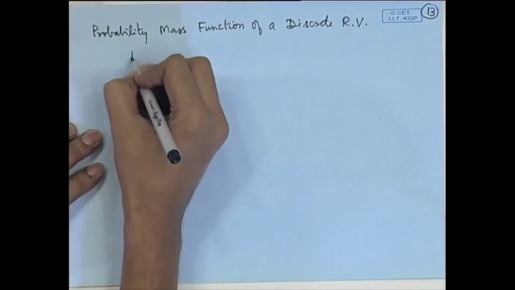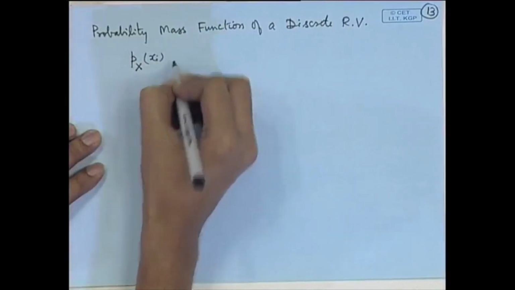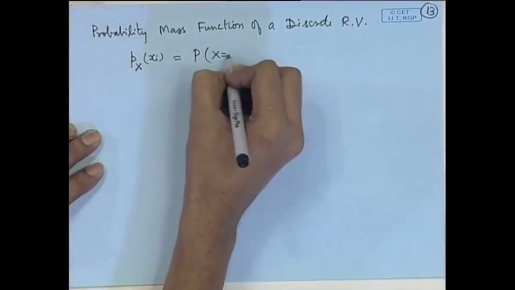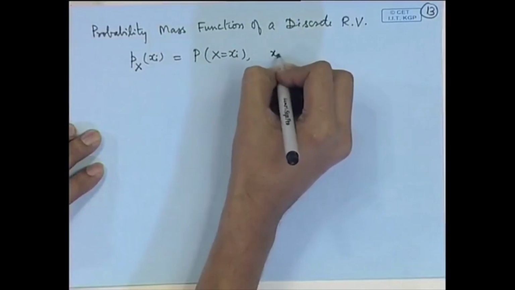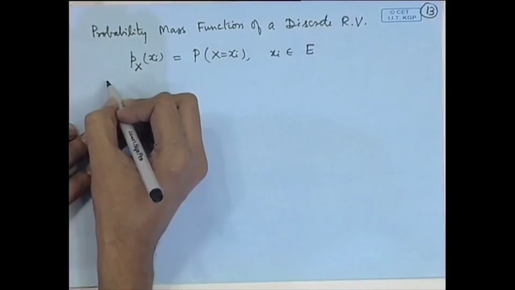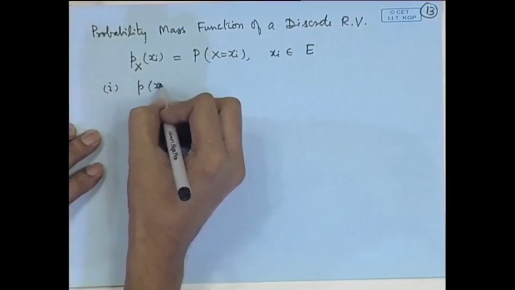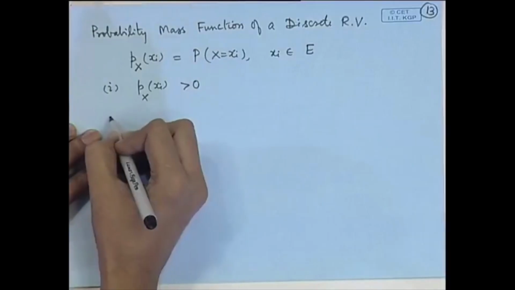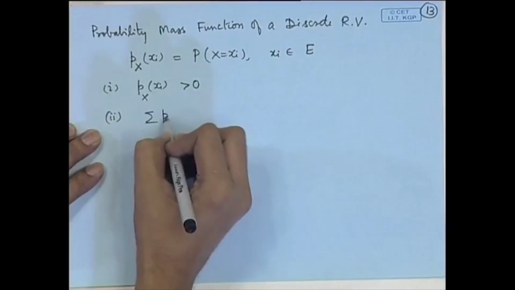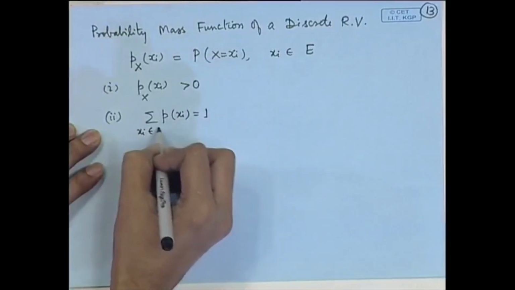It is defined by a mass function p_X(x_i) = probability of X equal to x_i, for x_i belonging to the countable set E. So, we must have p(x_i) strictly positive and the sum of p(x_i) equal to 1 for x_i belonging to E.